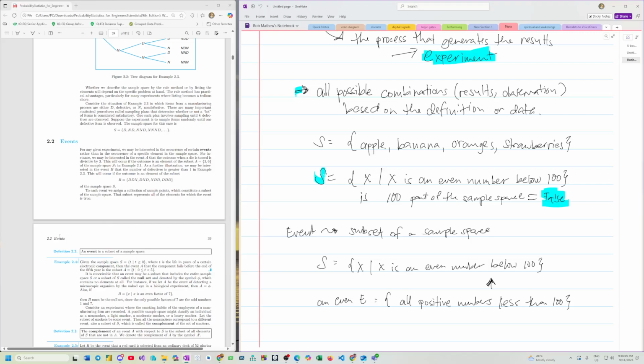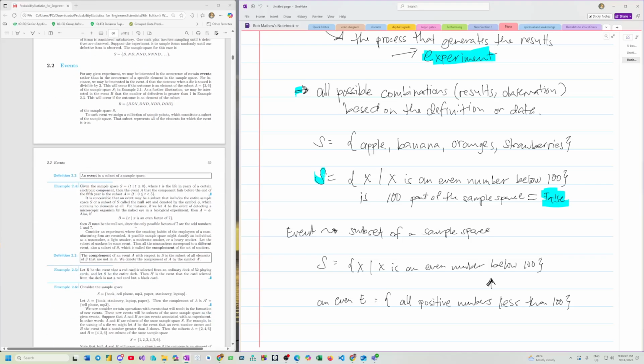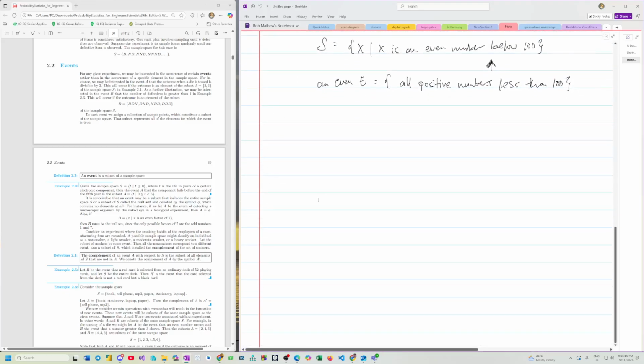Let's take this one as an example. Given the sample space t greater than 0, where t is the life in years of a certain electronic component, the event that the component fails before the end of the fifth year is the subset A, such that t is between 0 and 5. So you can see here that E is equal to x greater than 0, less than 100.